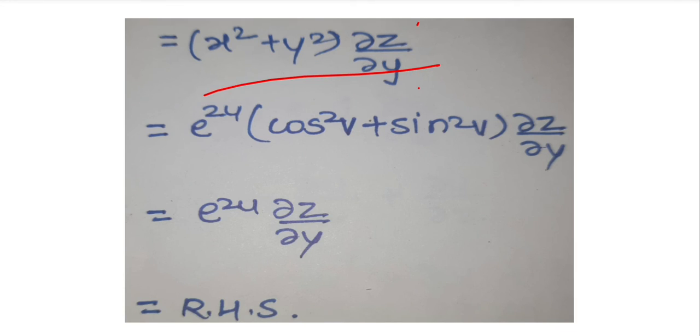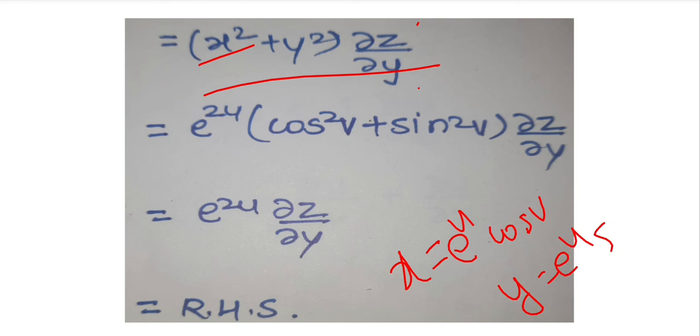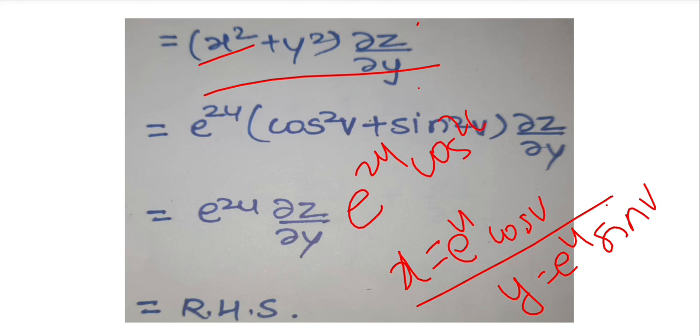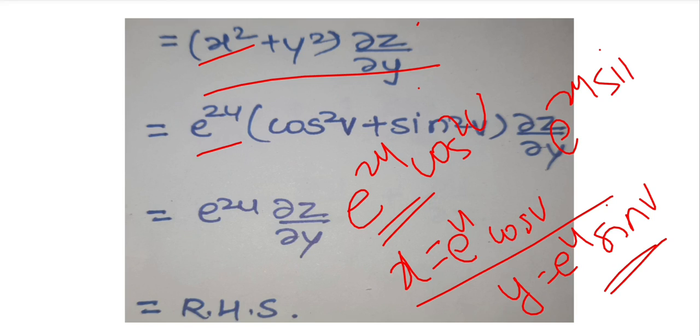And we took ∂z/∂y common, but again we will put the value of x and y. We know x is equal to e^u cos v and y equal to e^u sin v. So x² will be e^(2u) cos² v, and here it will be e^(2u) sin² v.